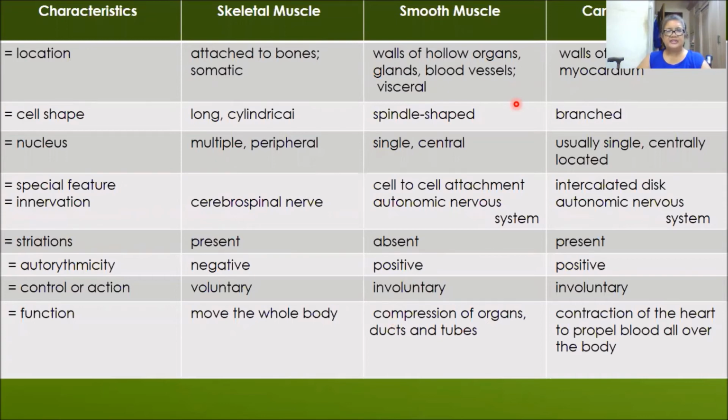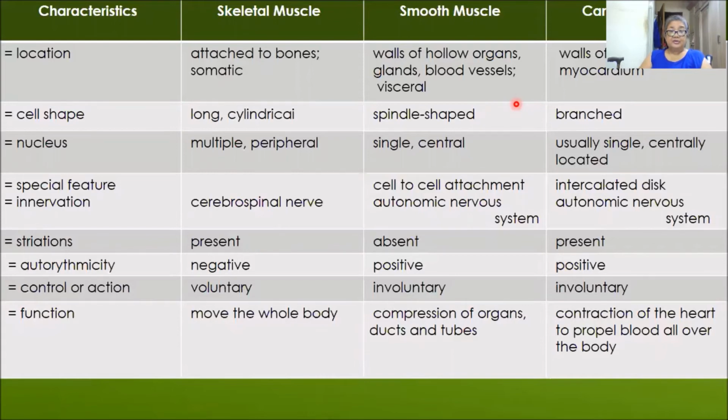For location, the skeletal muscle is attached to bone, so that's why it is somatic. While the smooth muscle is found in the walls of hollow organs, glands, blood vessels, and viscera. While the cardiac muscle is found in the walls of the heart or myocardium. Now, the cell shape for the skeletal muscle is long and cylindrical, while the smooth muscle is spindle-shaped, and the cardiac muscle is branched.